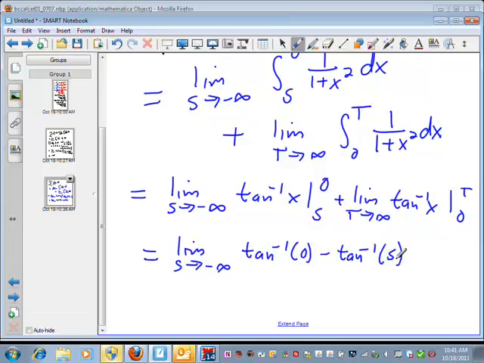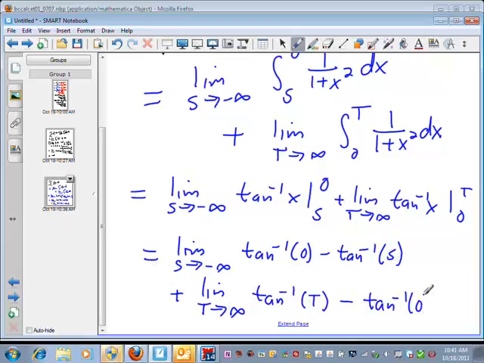I keep forgetting to write it, so I'm not going to be too harsh on you, but write it. I always remember to put it there. There's just something wrong with the universe when I don't write it. Plus the limit as t tends to infinity of the inverse tangent of t minus the inverse tangent of 0.